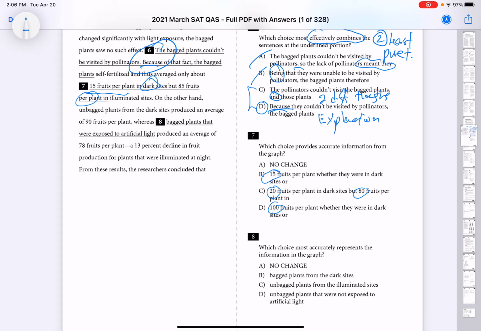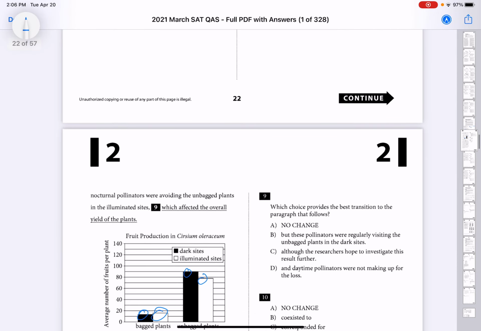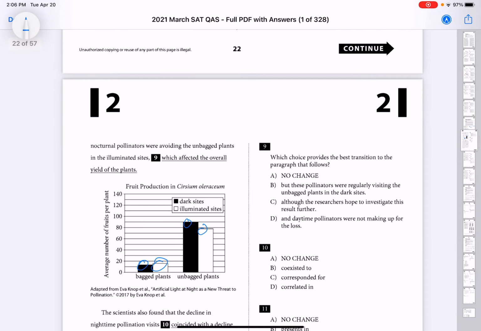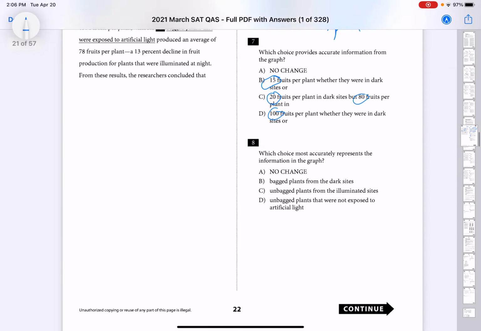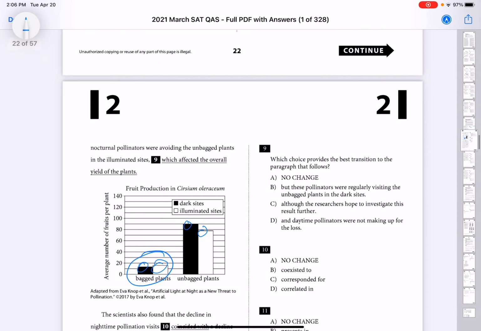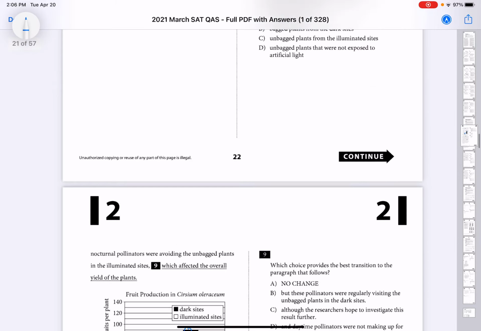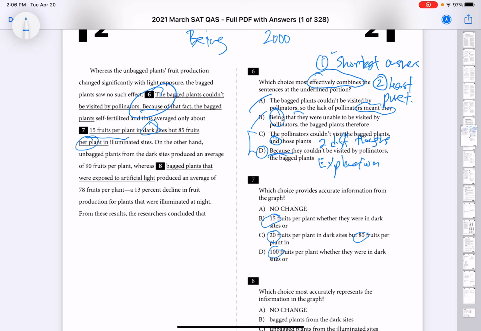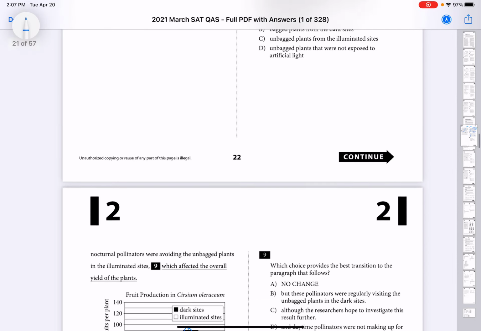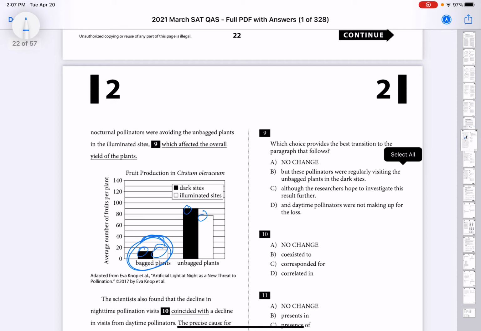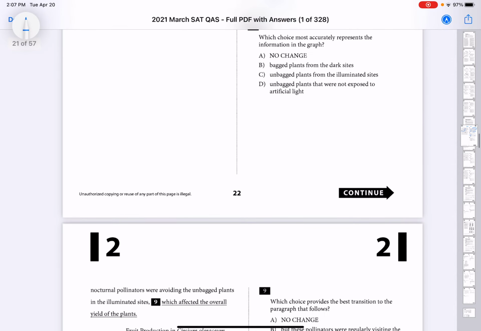Okay, so if you look at this, bag plants only produce around 15 or a little bit over 15, whether they were illuminated or in dark sites. Okay, so the answer here for number 7 should be B. So 15 fruits per plant, whether they are in dark sites or in illuminated ones. And that makes sense because right here, bag plants, whether they are in the dark or illuminated, only produced around 15 or a little bit more than that.